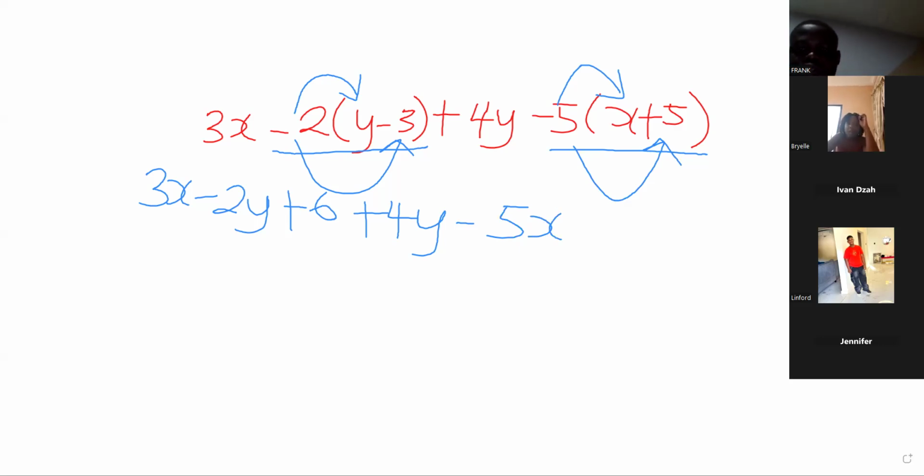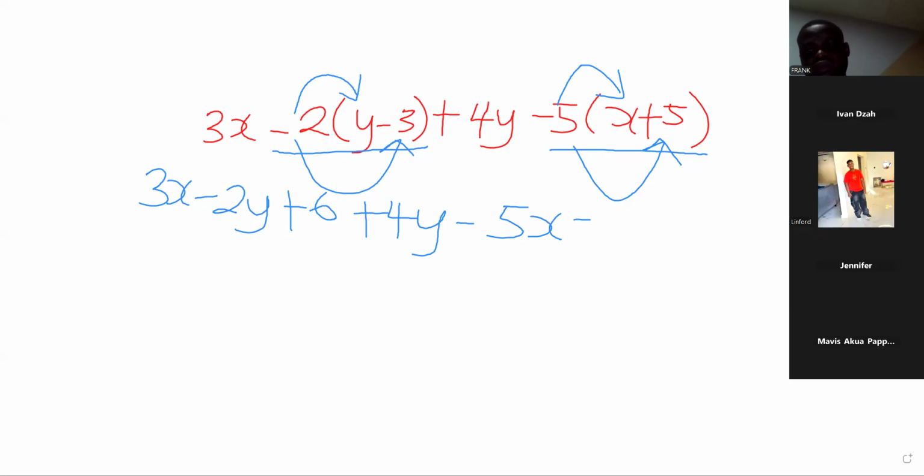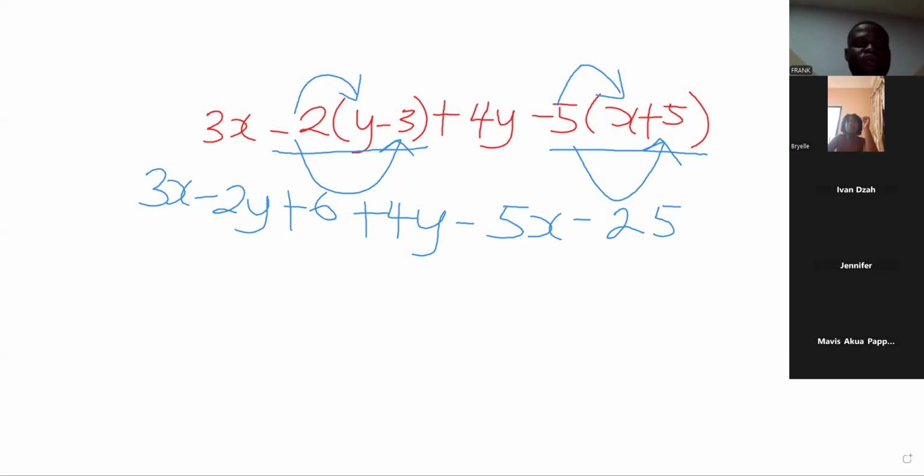Negative 25, right? After doing that expansion, we're going to simplify.